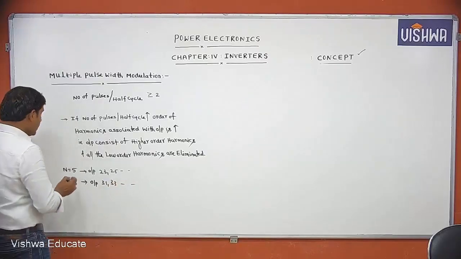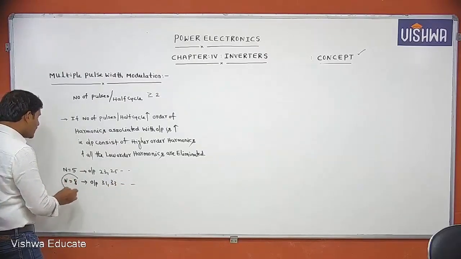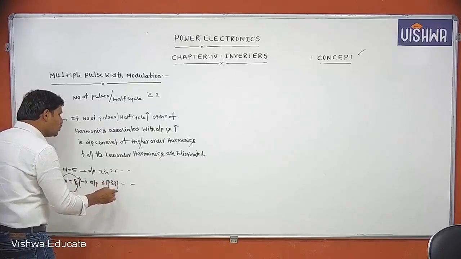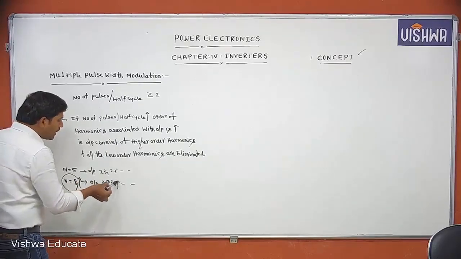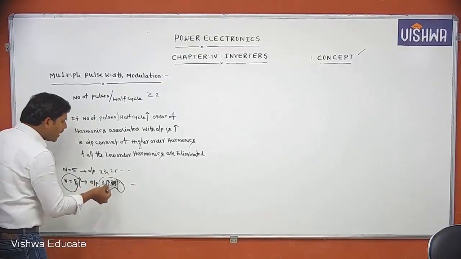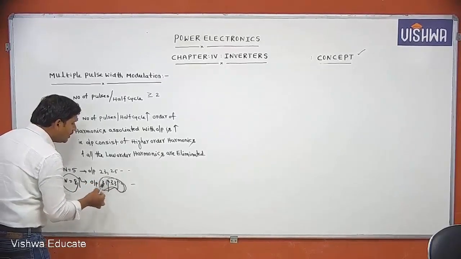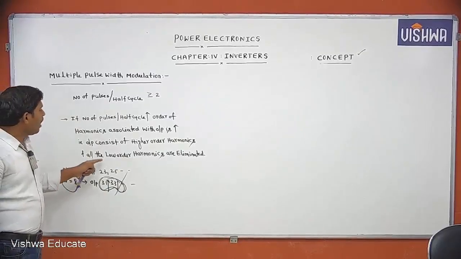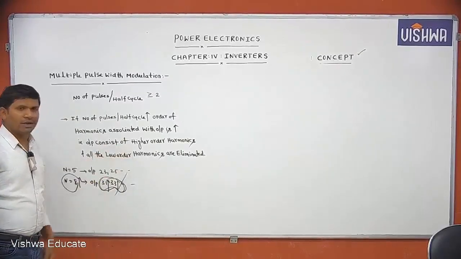That means if the number of pulses per half cycle increases, then the order of harmonics at output increases. Once the order of harmonics increases, those higher order harmonics can easily be filtered by using a small size filter. That is, all the low order harmonics are eliminated.